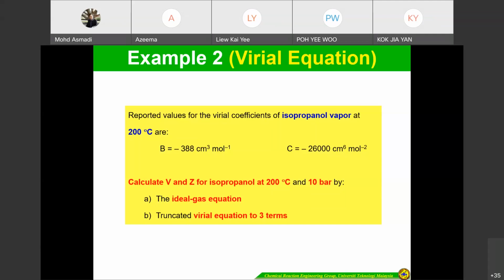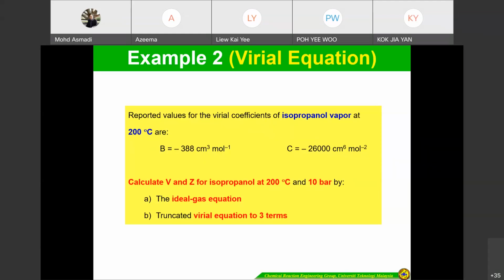If you look here, the reported values for the virial equation of isopropanol vapor at 200 degrees C are B equal to negative 388 cubic centimeter per mole and C equal to negative 26,000 centimeter to the power of 6 per mole squared. So these are the coefficients for the virial equation, given already, for isopropanol vapor at 200 degrees C. You have to calculate V and Z for isopropanol at 200 degrees C and 10 bar by the ideal gas equation, and compare with the truncated virial equation of 3 terms.